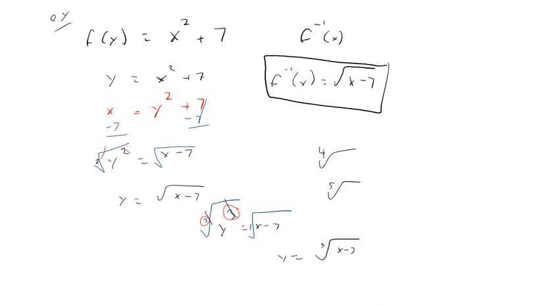Really what a radical is, it's a fraction exponent. But anyway, we'll get to that later. Did you all know that? The square root of x is really x to the power of 1/2. That's what a square root means. If I had a cube root of x, that's x to the 1/3 power.